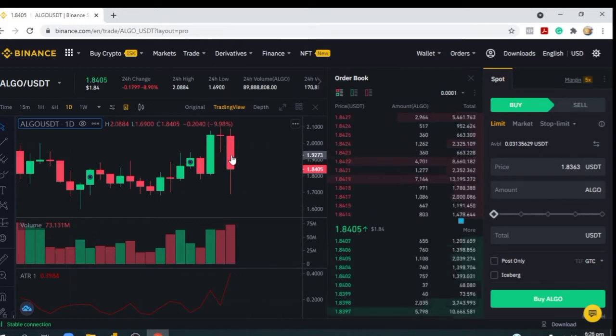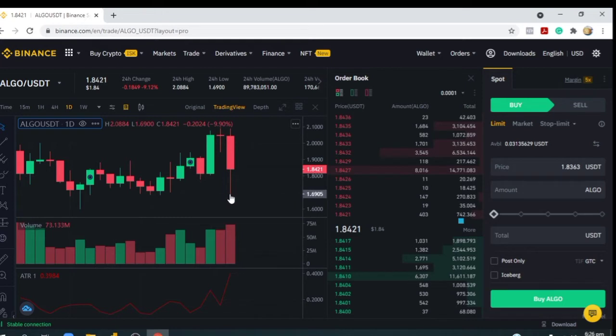These 4 data points are, first, the high, which is represented by the highest point on the wick. The high in this case is $2.08. Then down here is the low. So up here is the high, down here is the low. For this particular candlestick, this is a red candlestick, by the way.